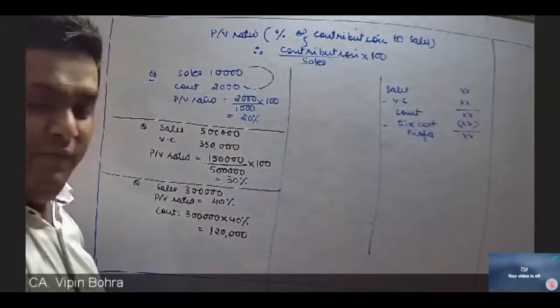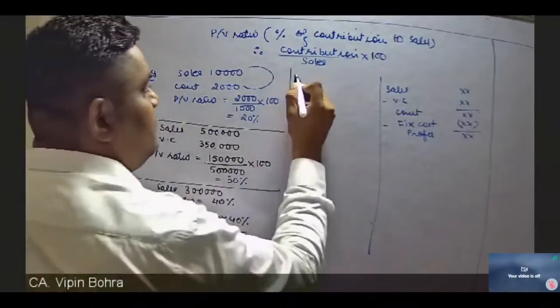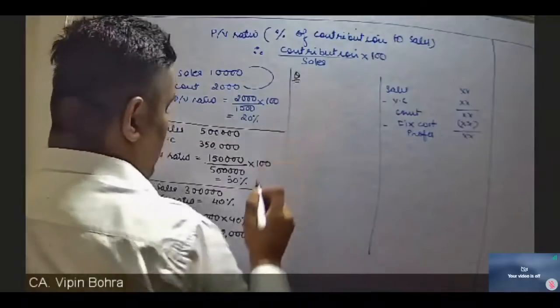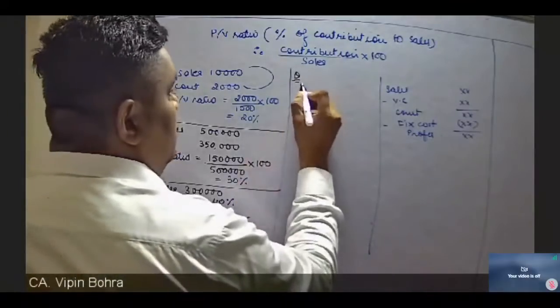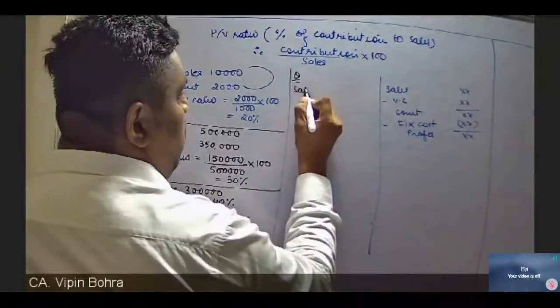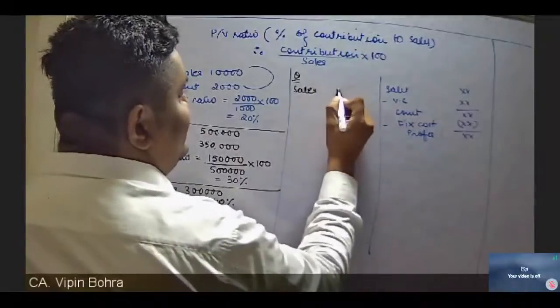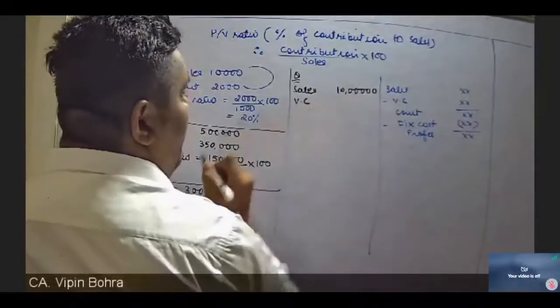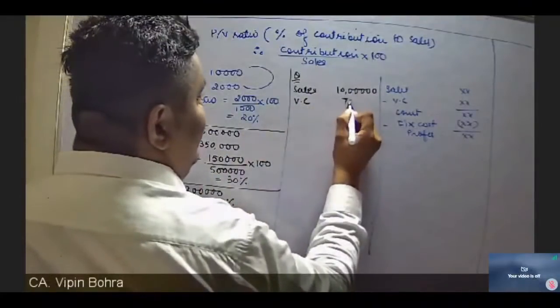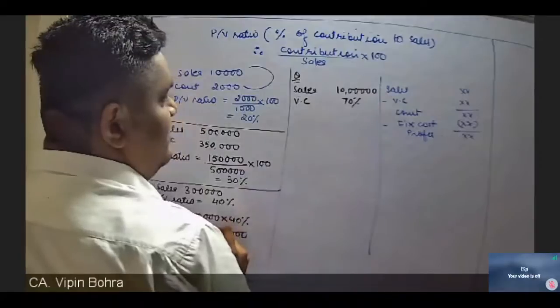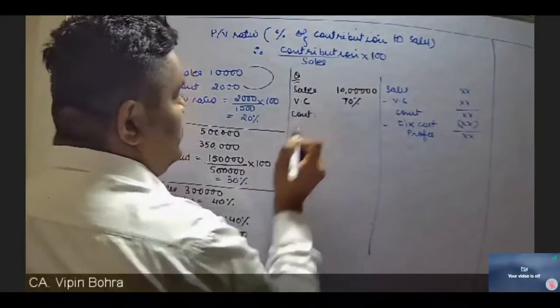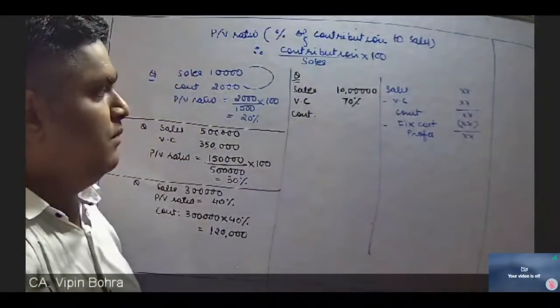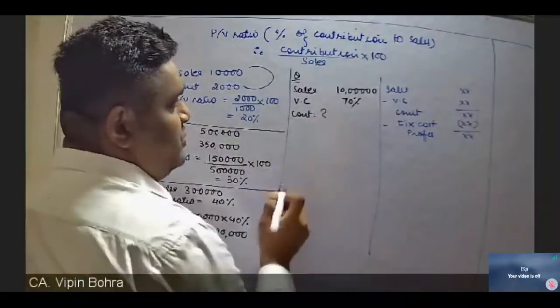Let's take few more examples. Now, suppose my sales is say 10 lakh. My variable cost is say 70% of my sales. So what will be my contribution? Very simple.